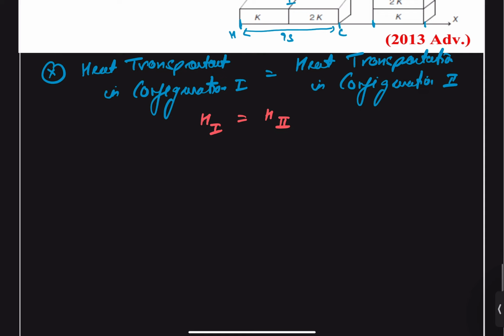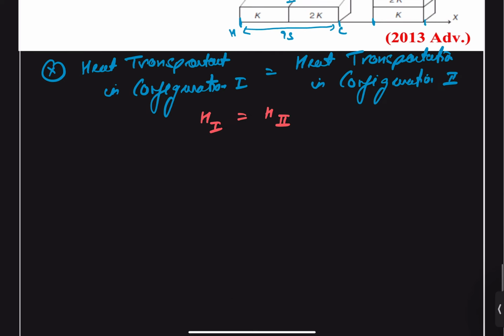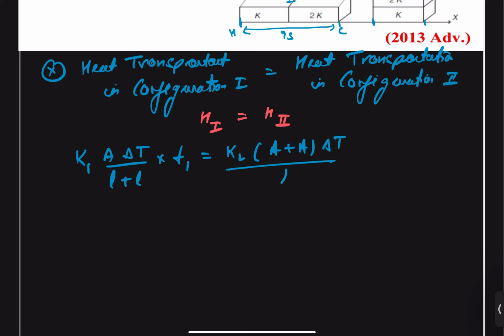This is a standard formula, and we can write it as K1 multiplied by area multiplied by delta T divided by total length, that is L plus L, multiplied by the time taken T1, and that will be equal to K2 multiplied by A plus A, the temperature difference is the same, delta T, and the length is L in this case, multiplied by T2.